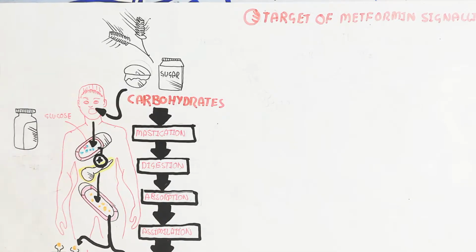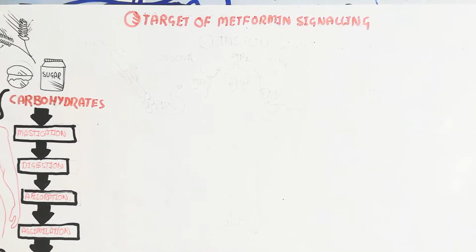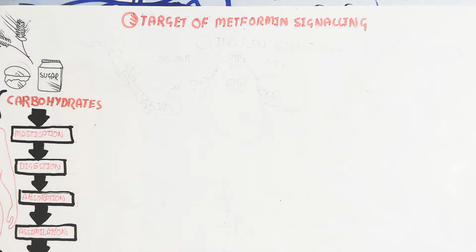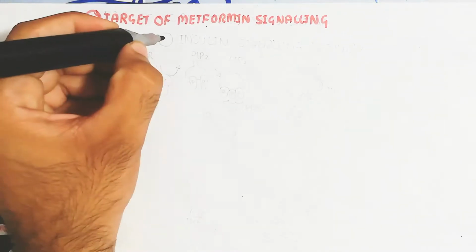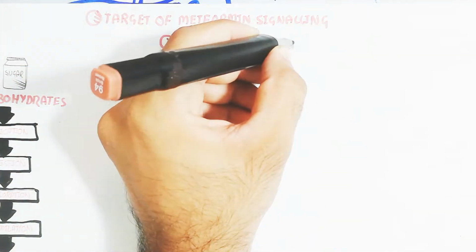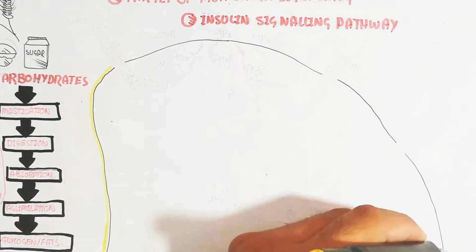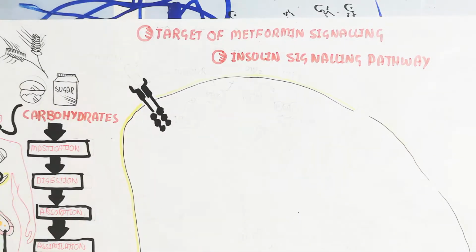Anyhow, metformin is the initial treatment. Metformin exerts its primary anti-diabetic action through the suppression of hepatic glucose production. Metformin is a hydrochloride, which will lead to less absorption of glucose in the digestive system.